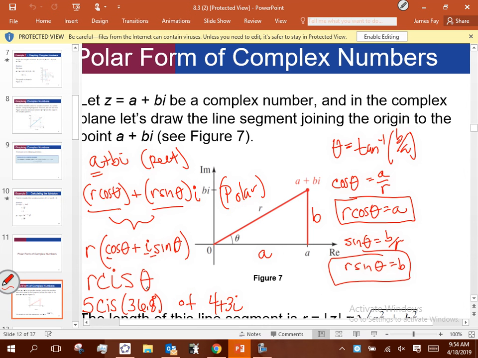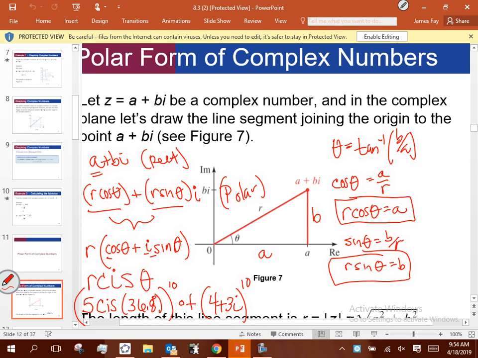And the benefit of this, guys, is going to be eventually, when I want to take 4 plus 3i and raise it to the 10th power, that's a pain in the butt right here. Put over here, raise it to the 10th power, it's going to be 5 to the 10th power, sorry, cis 10 times theta.